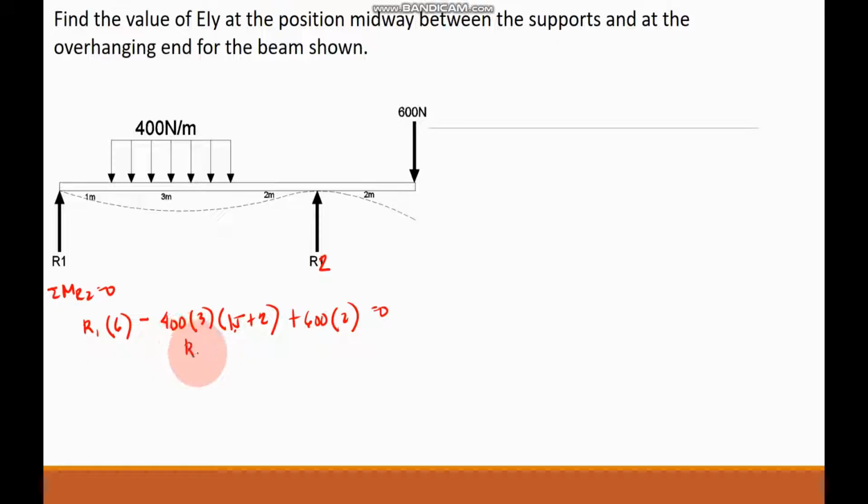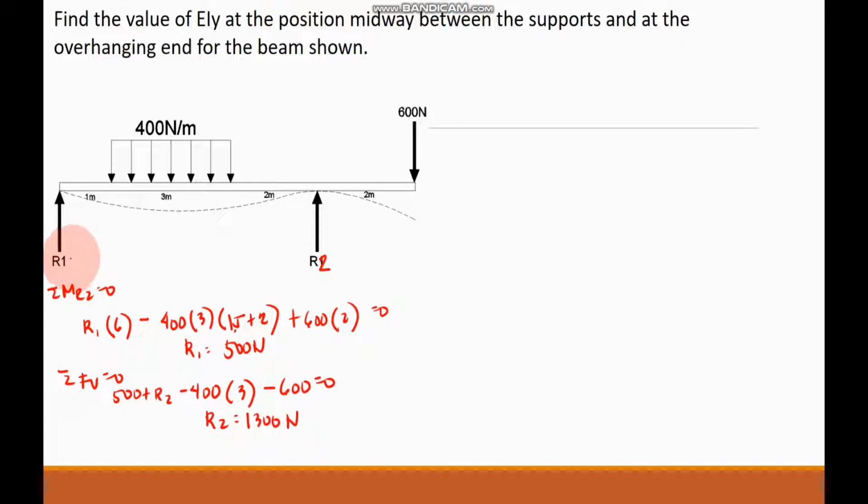Therefore, reaction 1 would be equal to 500 Newton. And then, taking the summation of forces vertical is equal to 0. So, we have 500 plus R2 minus 400 multiplied by 3 minus 600 is equal to 0. Therefore, R2 now is equal to 1,300 Newton.